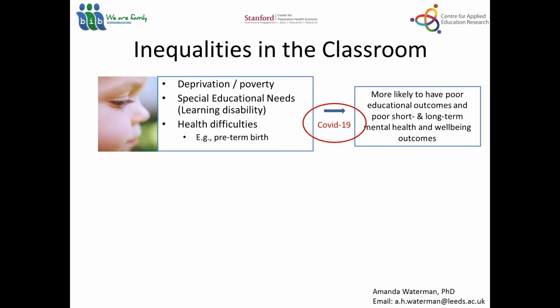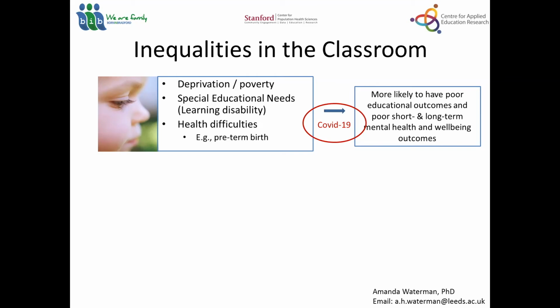So unfortunately, we also know that the pandemic that we've all been going through has exacerbated these difficulties. So obviously all of our children have struggled over the last 18 months to 2 years. It's been very difficult having periods of time during the lockdowns where a lot of children weren't able to go into school. And the schools have done a wonderful job of having to switch basically overnight to online teaching during that first lockdown and all the stresses and strains that came with that.